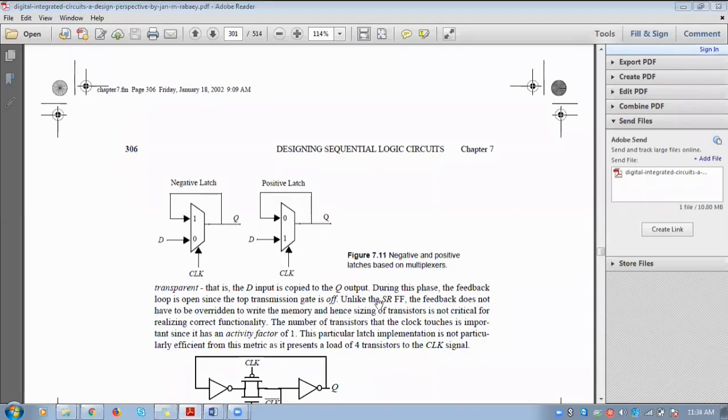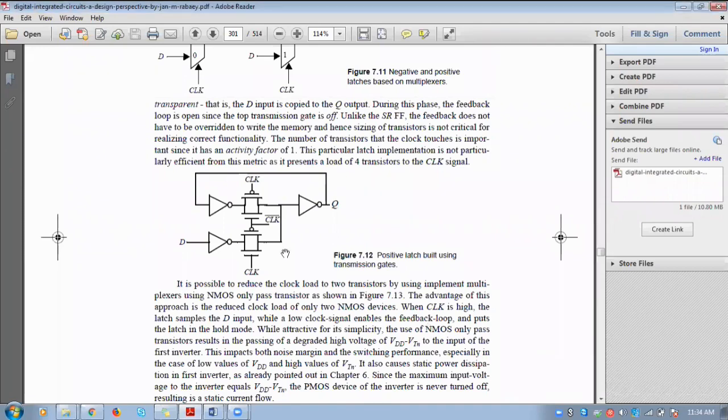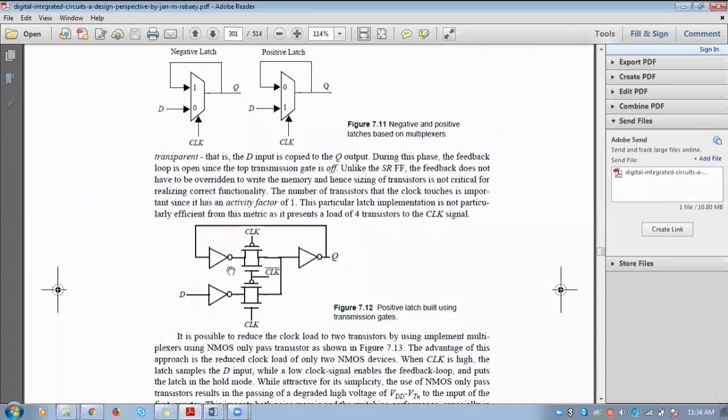So we can move on to multiplexer-based latches using transmission gates. Here also the case is very similar. We have a multiplexer-based design using transmission gates, where one is your normal input and another one is your feedback input.